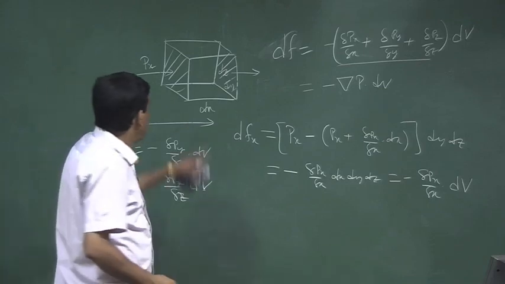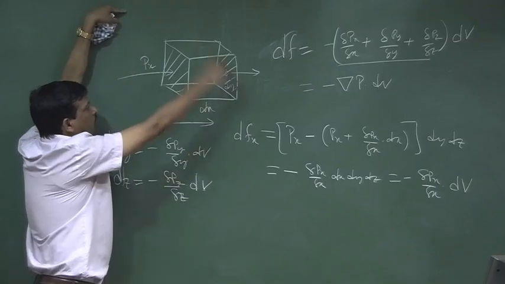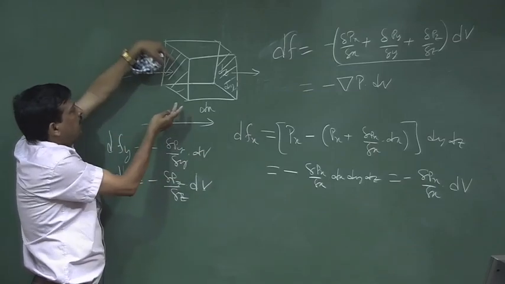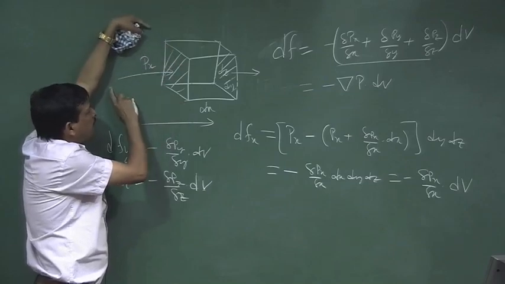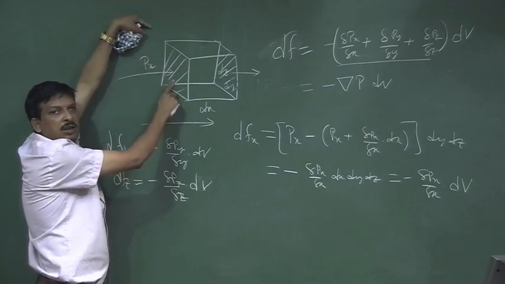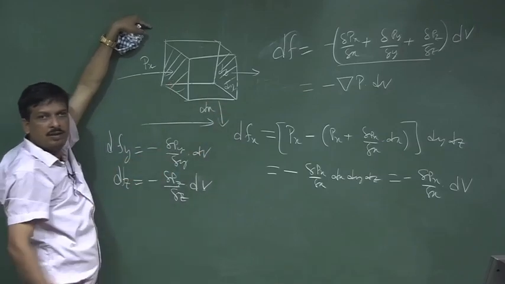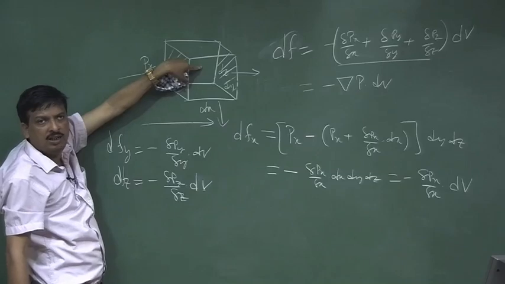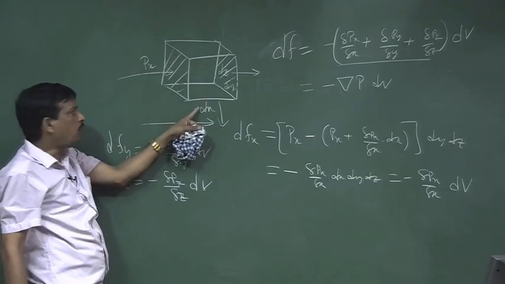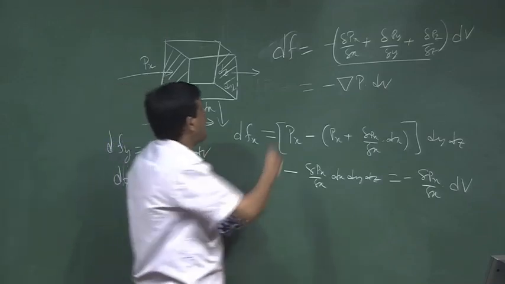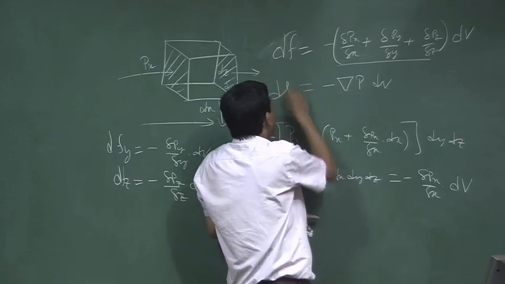Now, this volume is in an acoustic field in a liquid. So this volume is exposed not only to the pressure force, but also to the gravitational force. The gravitational force will act only in this direction. So the total force is this force plus the gravitational force.